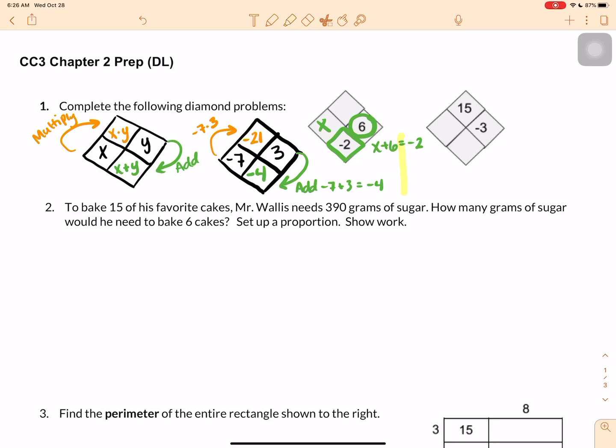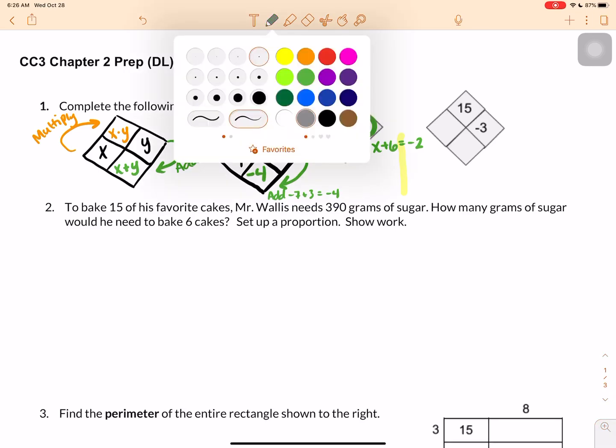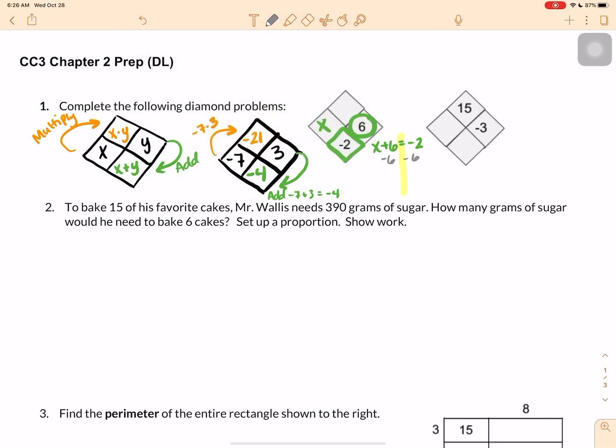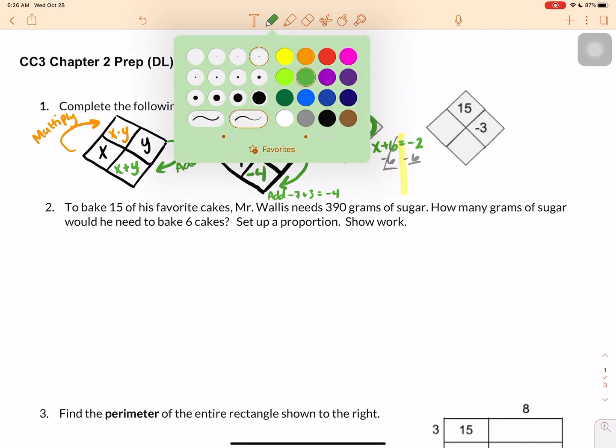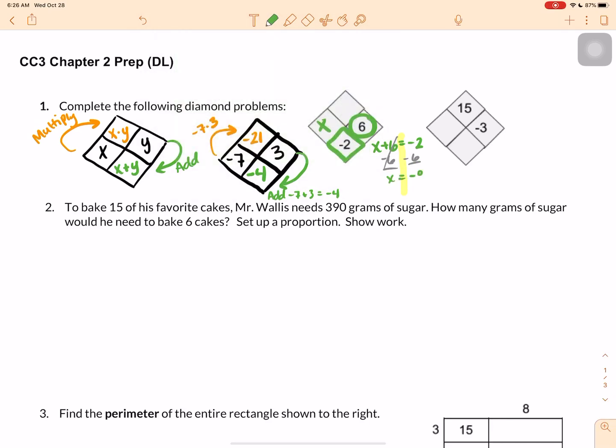So if you draw a line down the equal sign, here I can subtract 6 from both sides. If I cross that out, I get x equals -8.